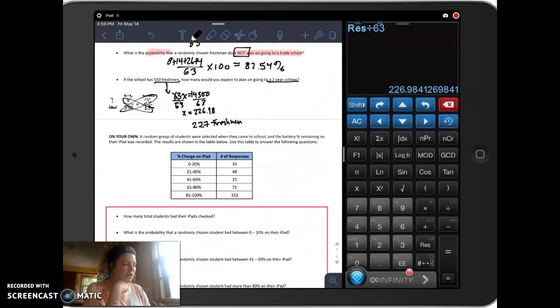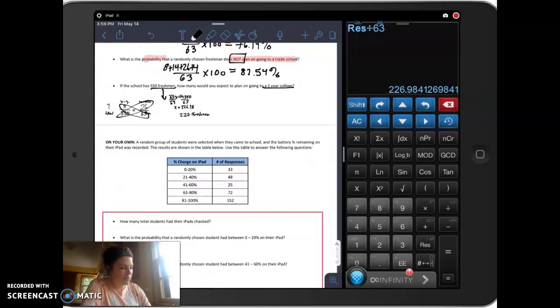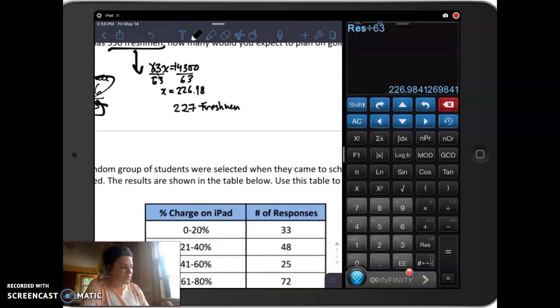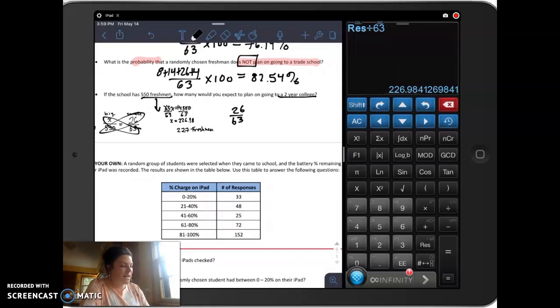For our answer there. The other way that you can do this, which is kind of cool, and like I said, it's the exact same thing really, but it just saves you a little bit of time. You take the proportion that you would set up, so it would be 26 over 63. That's the probability of going to a 2-year college.